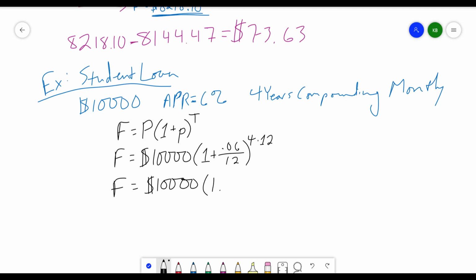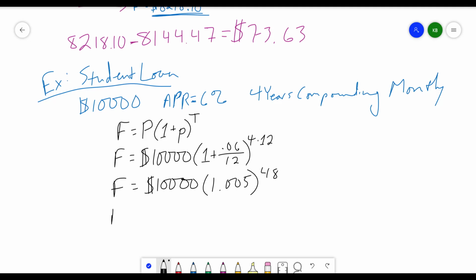So we have 1.005 to the 48th power. And again, we're going to follow our order of operations. So we're going to do 1.005 raised to the 48th power, and then, after we've raised it to the power, we get to multiply times 10,000.